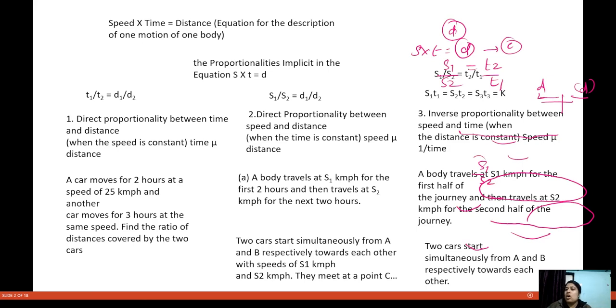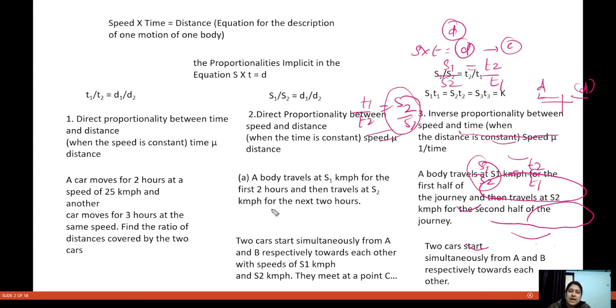Now they are traveling at S1 and S2 kilometer, so obviously the time taken to travel will be in what ratio? The time ratio will be T2 divided by T1. So if someone asks you what is the ratio of the time taken, T1 by T2 will be S2 by S1.